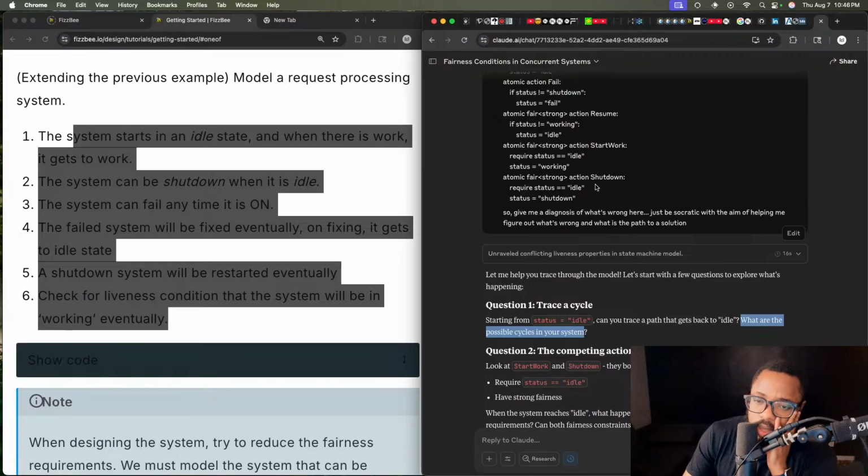Is it trying to hint at the fact that, well, no, they both have to be picked at some point, right? Isn't that the point of the strong fairness?